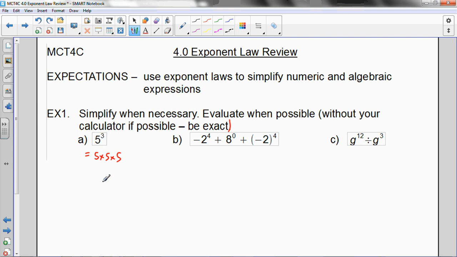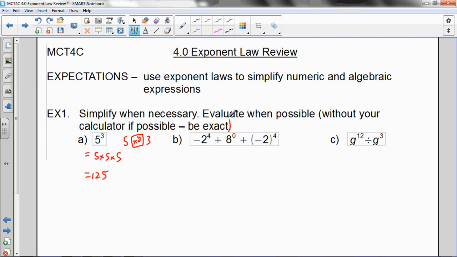Exponents are just a short form for a long list of multiply, and that's 125. Hopefully you can do some of this in your head, but a calculator is okay too. Probably this button on most calculators, the x to the exponent y, is the right button.